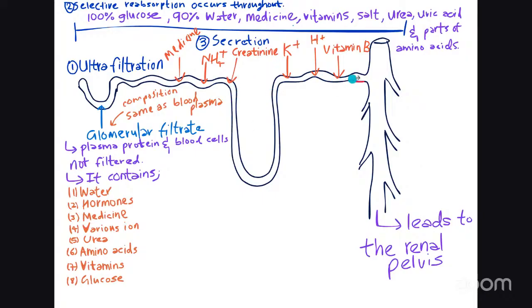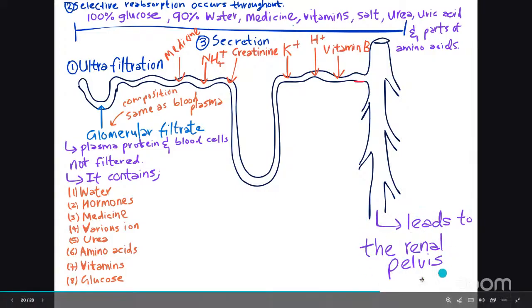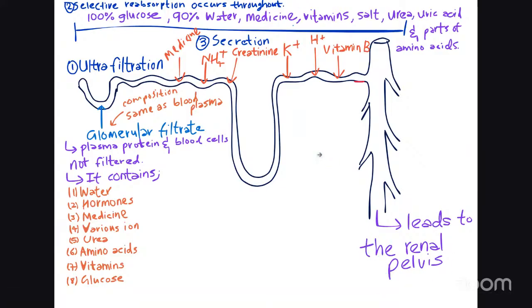After that, the remaining liquid is called urine. Now, urine is going to come into the collecting duct. Finally, it's going to exit the collecting duct and enter the renal pelvis. Okay. So that is the whole story about urine formation.